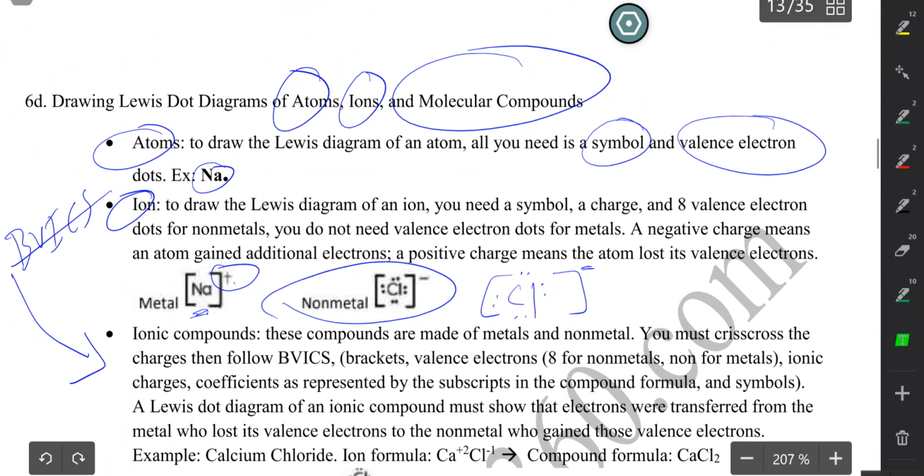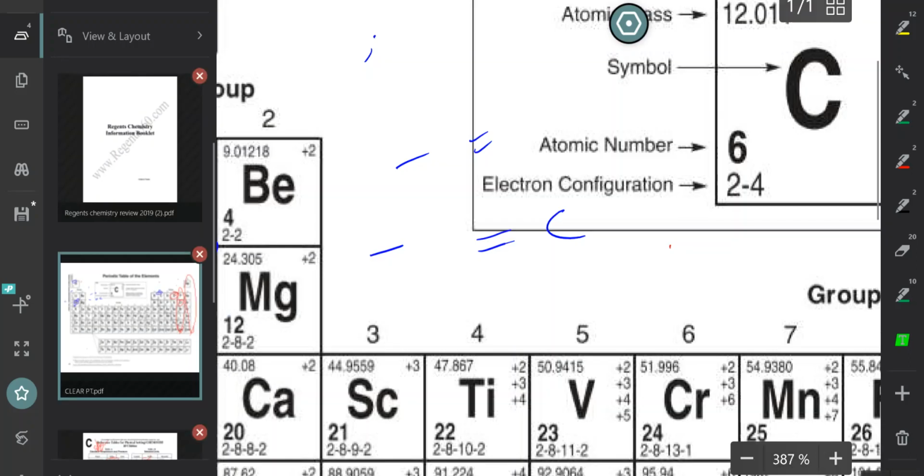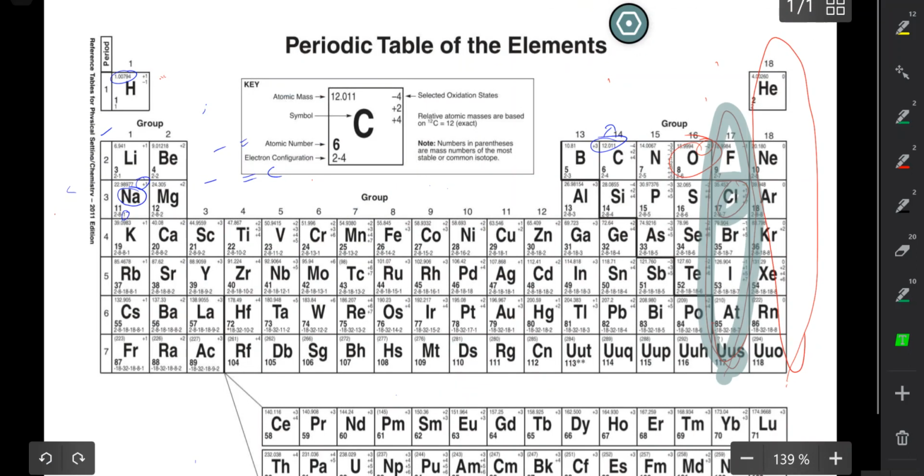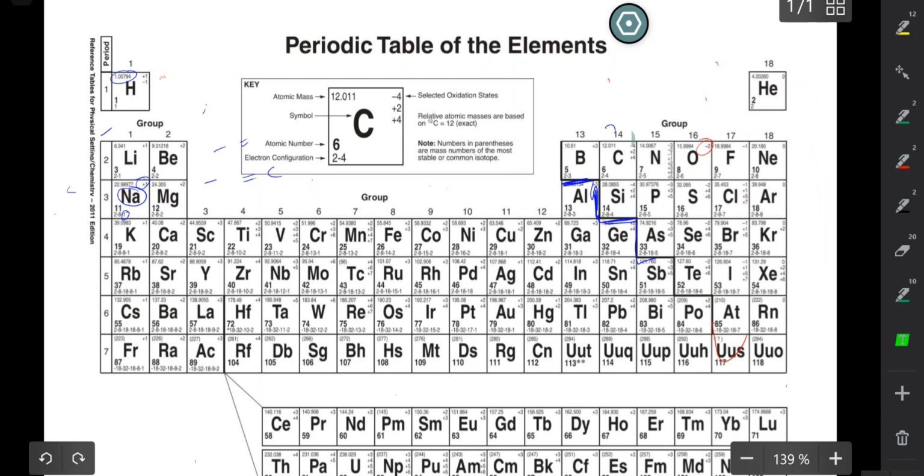Now, what are metals? What are nonmetals? Let's review again. Here's your periodic table. Here's your staircase. Anything above and below the staircase, except aluminum and polonium, except Al and Po, is considered a metalloid.